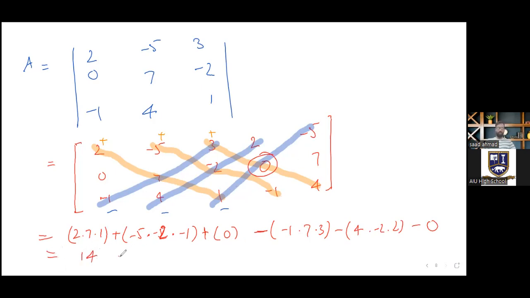It's 14 minus 10, okay, and then plus 21, minus 10, okay, plus 21, and then let's see. Okay, so the next one is 16 plus 16.